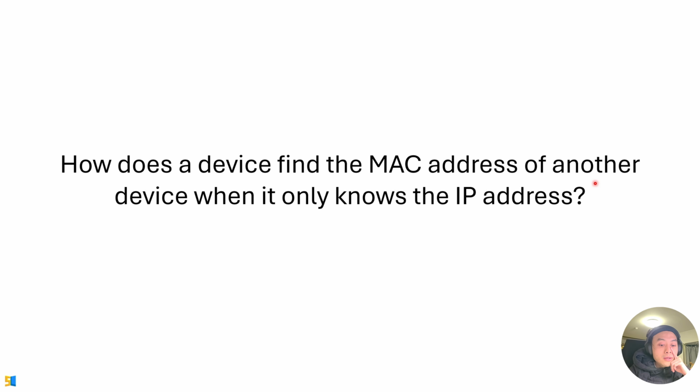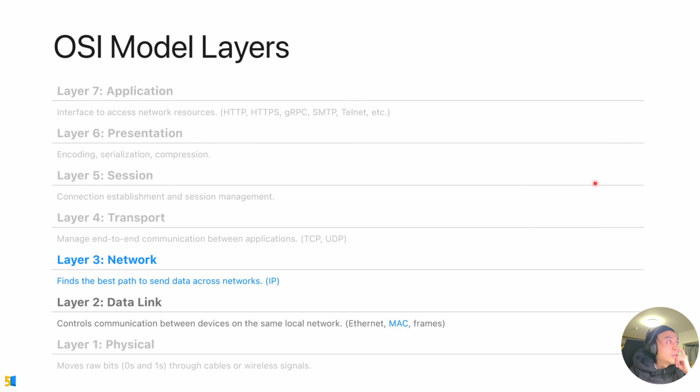Meanwhile, our applications, up until layer 3, only know the IP address. How does our computer know the MAC address of another device? Right? So in layer 3 we have the IP address, but layer 2, the data link, which controls communication between devices on the same local network, needs the MAC address. So how can we get it?